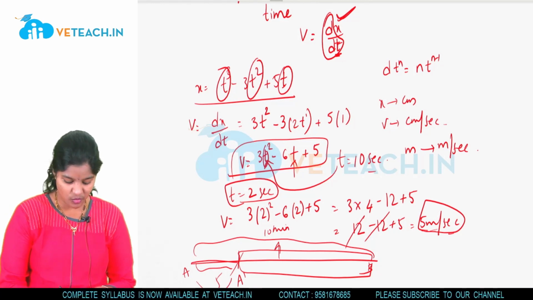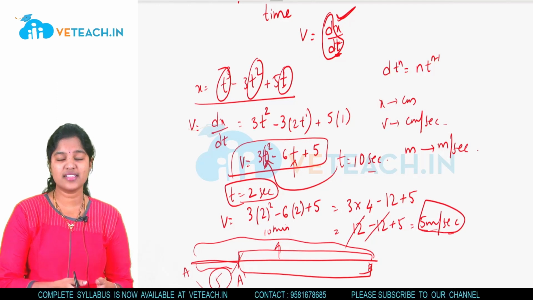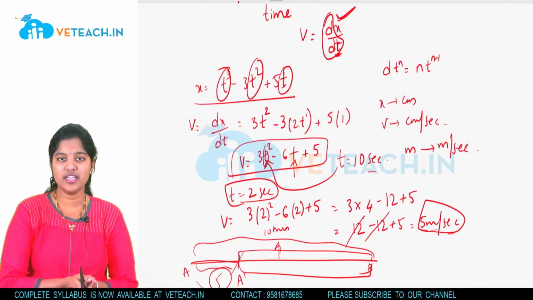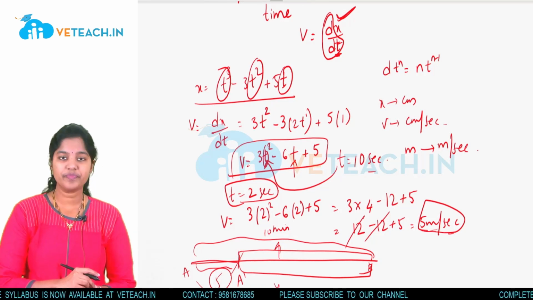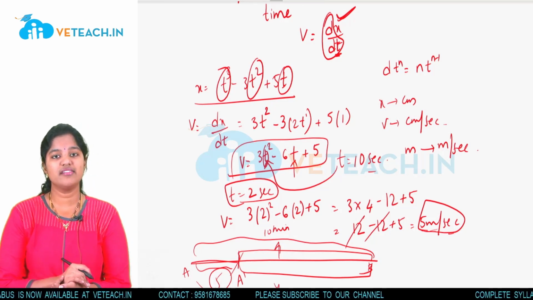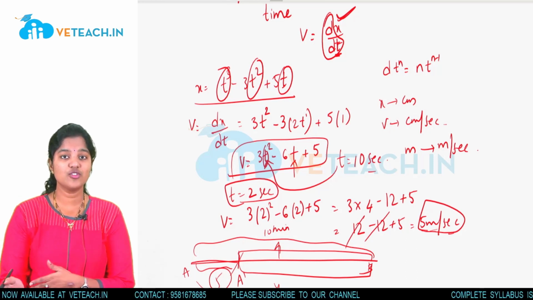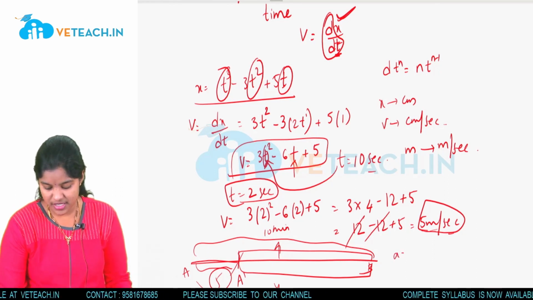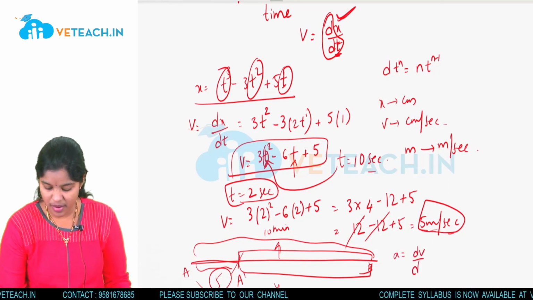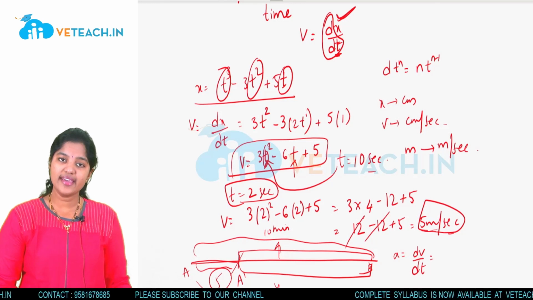Up to here, he walked slowly with some velocity x. But from A dash to B, he increased his speed to some y. We want to find out the acceleration, the rate of change of velocity, at what rate it is changing. What is the formula? Acceleration is nothing but dv by dt. What is v again?